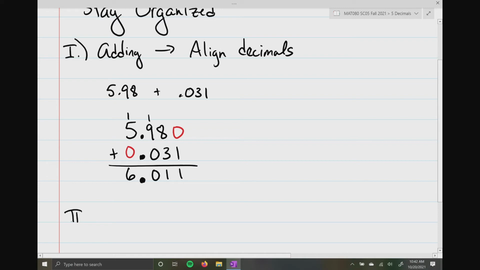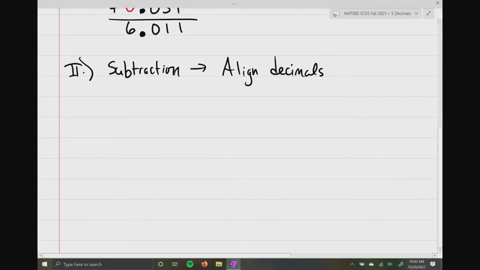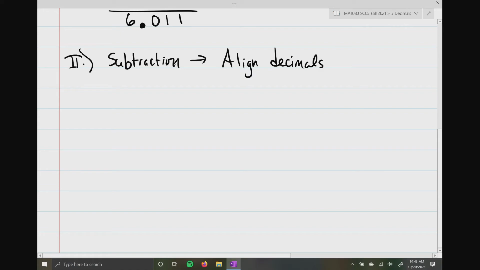Part 2, subtraction. Same thing. If you align your decimals, this is easy. So let's try the first one. It's very straightforward. 25.98 minus 1.31.